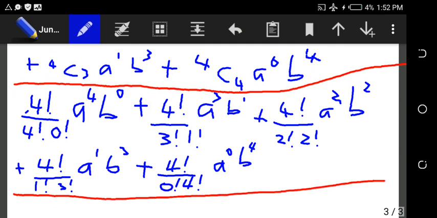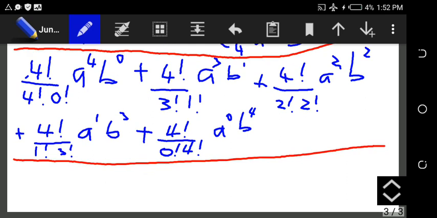All right, so let's go ahead and finally simplify what we have here. Now, looking at this, we want to take time and simplify each of these. For this one here, 4 factorial will cancel 4 factorial, so you are left with 0 factorial, and 0 factorial means 1.